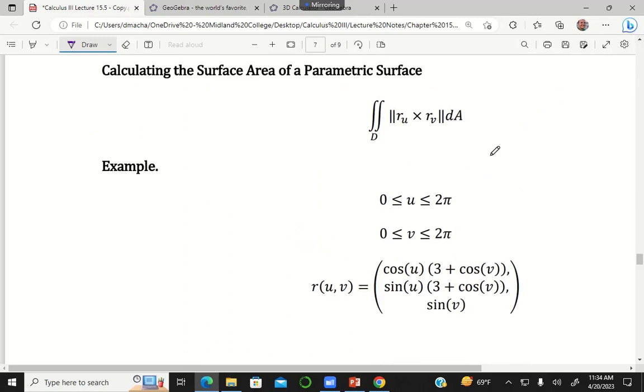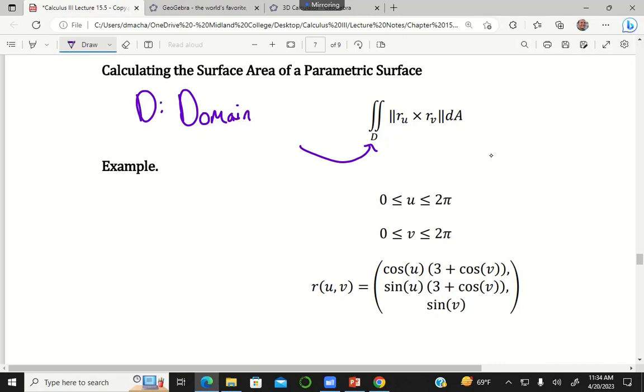Okay, so this is saying if you want to calculate the surface area of a parametric surface, right? You know your parametric surface, we're going to call it lowercase r. This is the formula you're going to use. And by the way, this little capital D stands for domain.